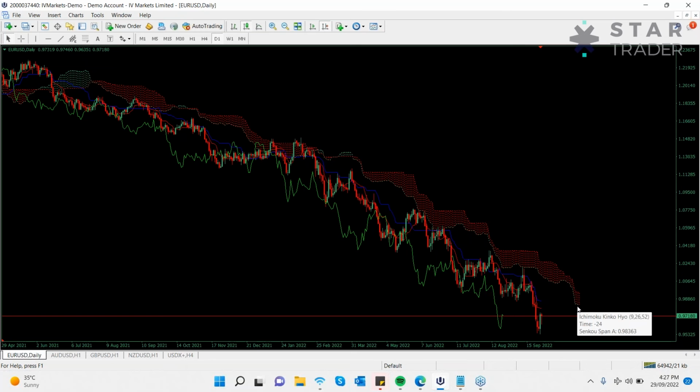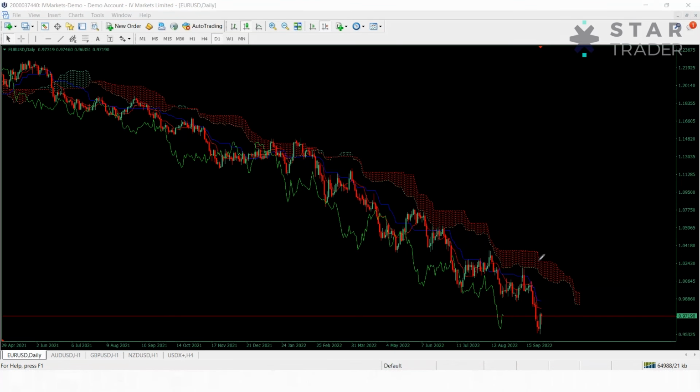Senkou span A is the leading line A. As I told you before, let me show you: the distance between these two leading lines, span A and span B, is called the cloud. For example, this is span A, this is span B, so the distance between them is the cloud.